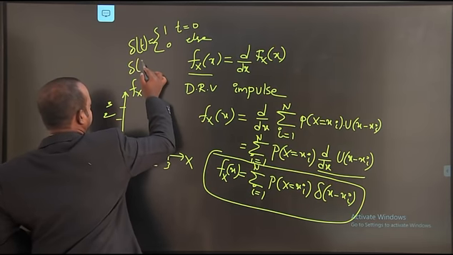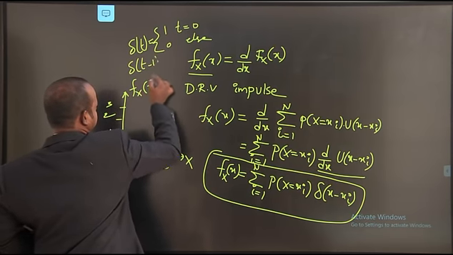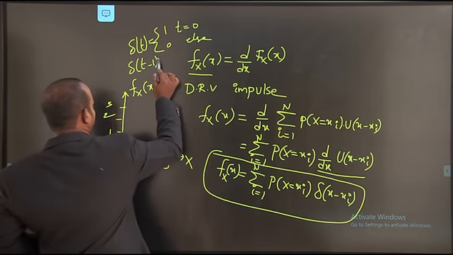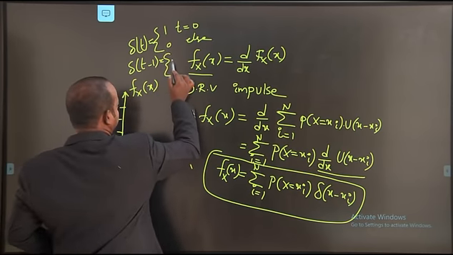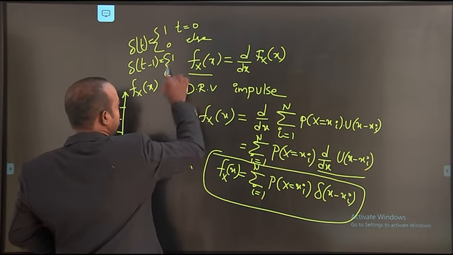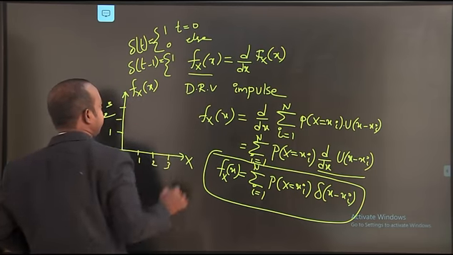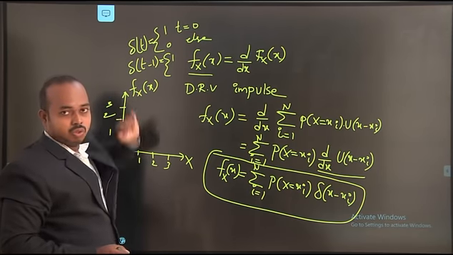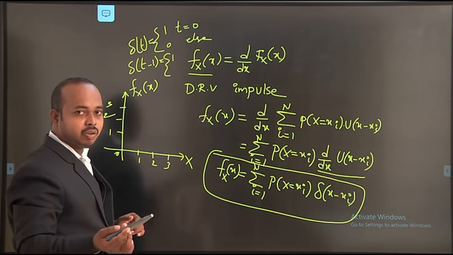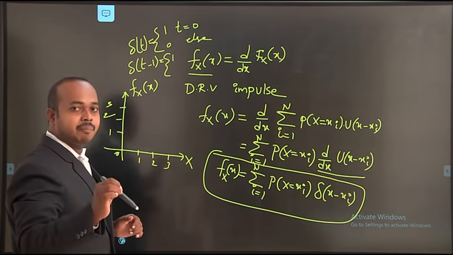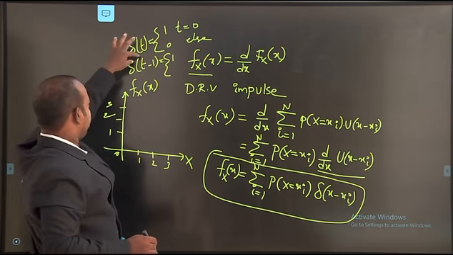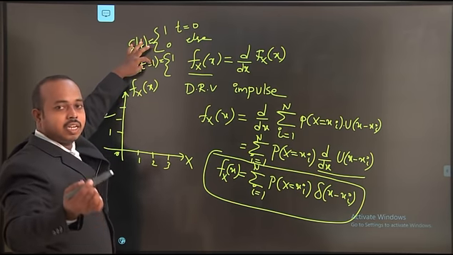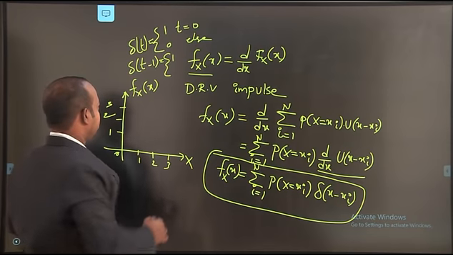Suppose I am taking del of t minus 1. Its value is 1 where the functional value is equated to 0 in the impulse function. That's why I equate t minus 1 to 0, then t equal to 1.